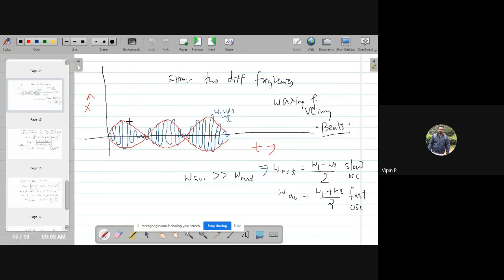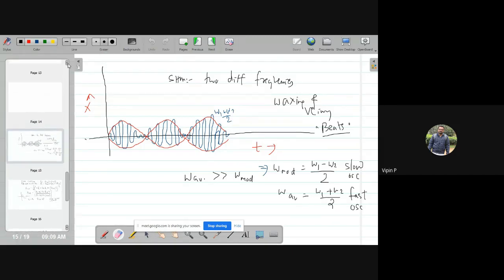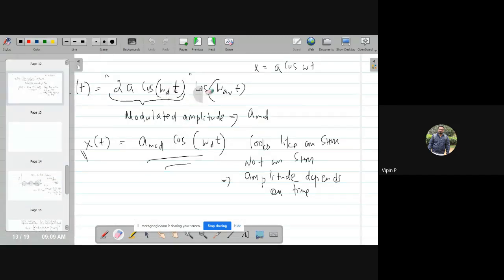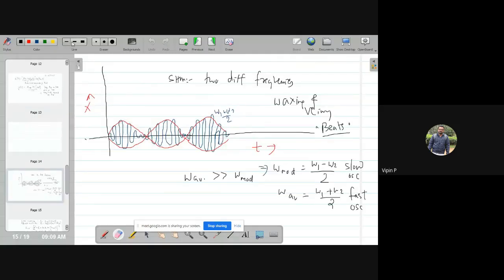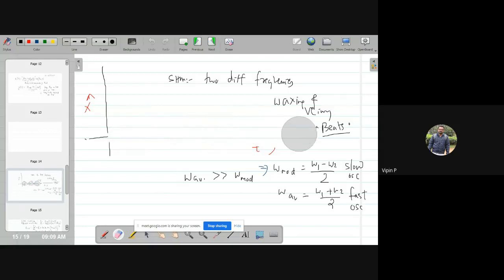This figure is actually wrong. It should be something like this. It's basically cos, right? Both of them are cos, so it will not come like this. I made a mistake over there. I had drawn a sine curve, so this should look like this. Both of them are cos, so it should start from the other way around.